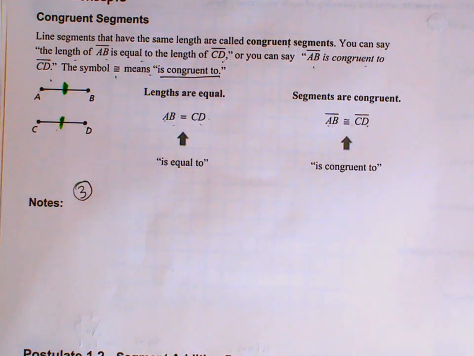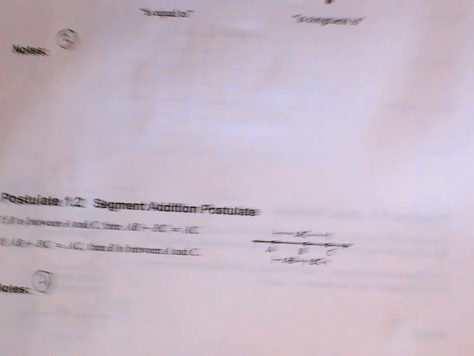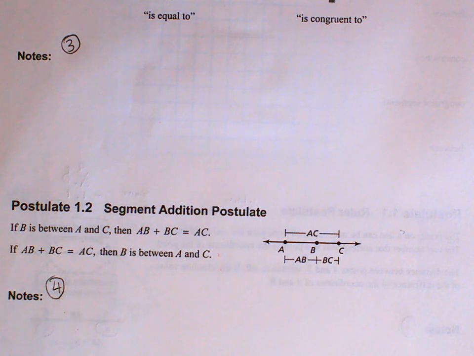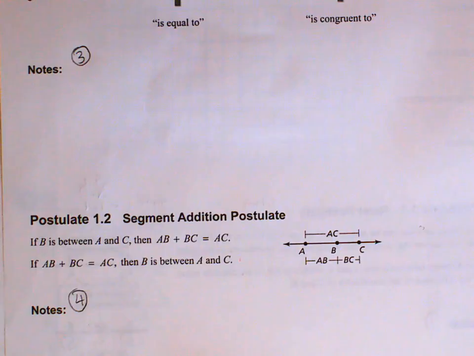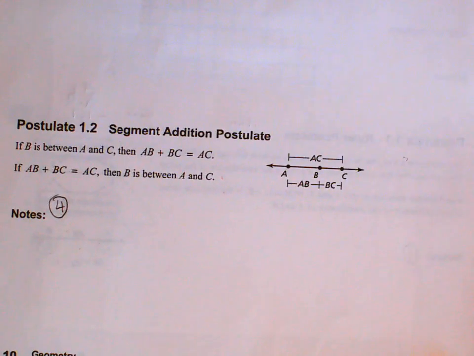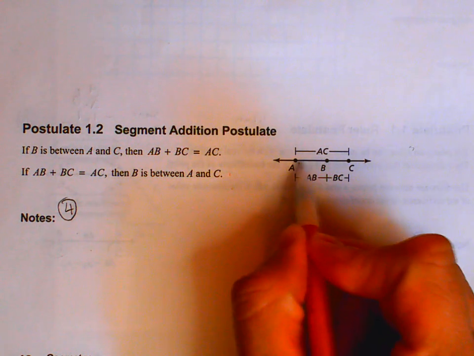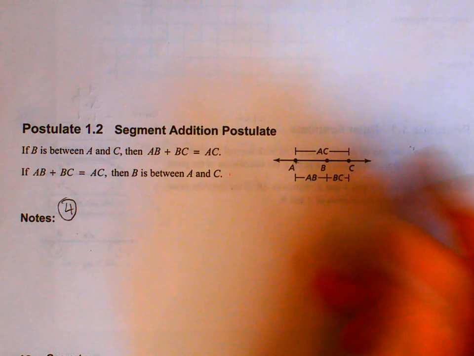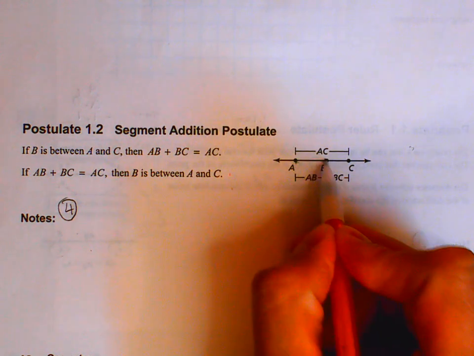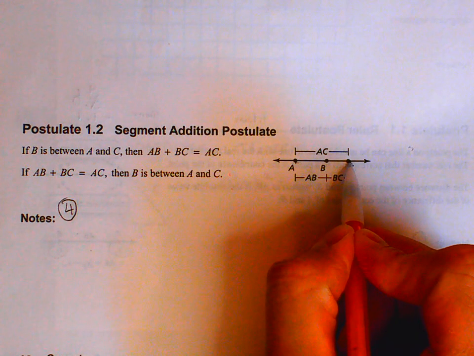Okay, so AB is congruent to CD, therefore their lengths are equal. Now, if you were to have a small segment and then a larger segment, or even the same size, and you put them together, you get a much bigger segment. Which brings us to our next major idea called the segment addition postulate. Okay, so in this example, if B is between A and C and A, B, and C are collinear, the length of AB plus the length of BC equals the length of the whole segment AC.